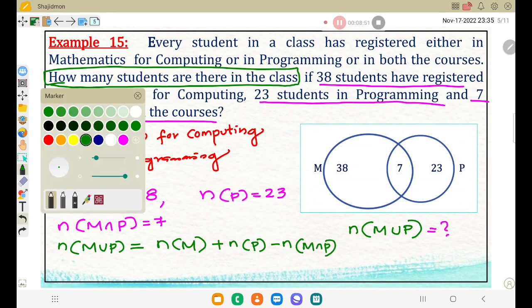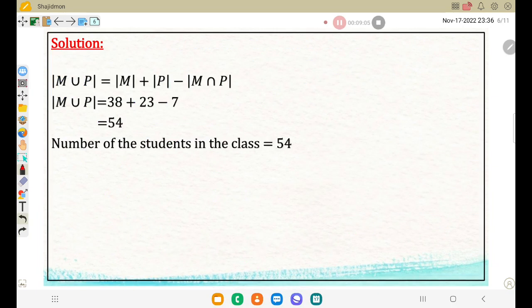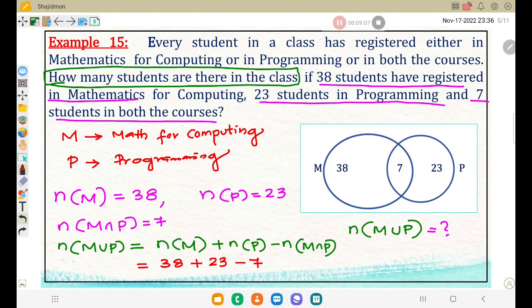You can apply the numbers one by one. Number of math students 38, plus number of programming students 23, minus number of both, 7. So you will get the answer 54. The number of students in the class is 54.